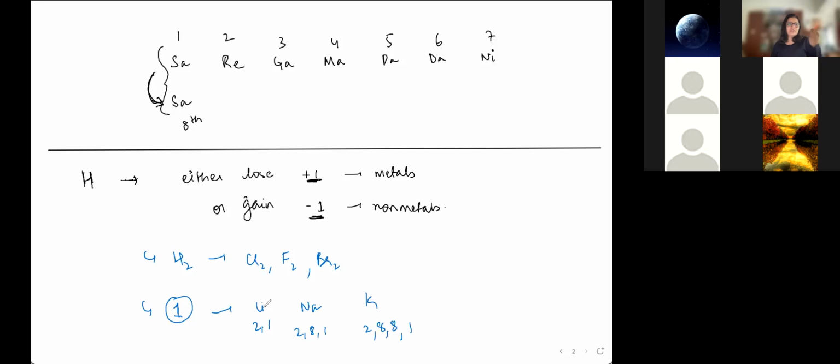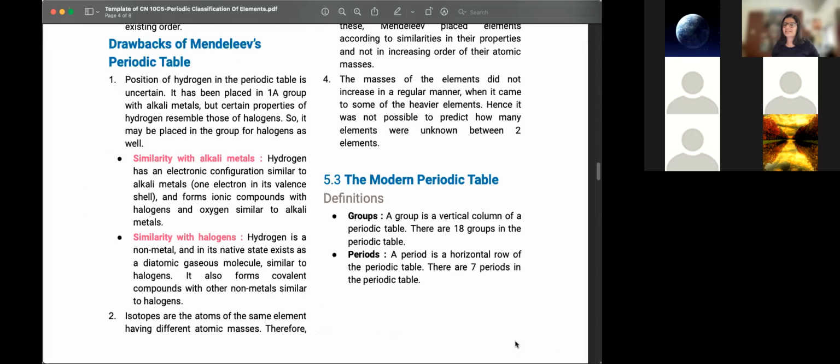So what principle should you use? Should you place hydrogen with sodium, potassium, in their group, or in the other group? So that is the problem with hydrogen. The same problem has continued even now in the modern periodic table. That's a debate that has never been settled.